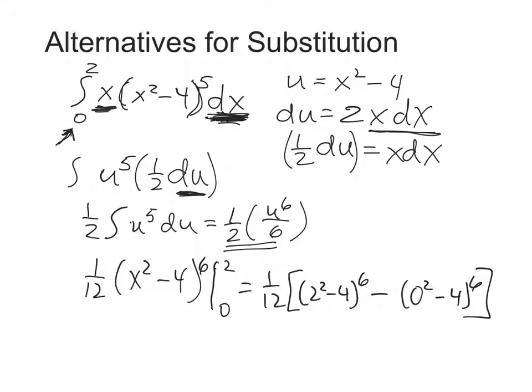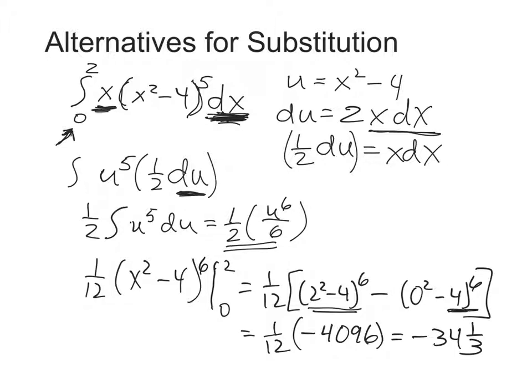and okay, you have to be careful here. We get 0 for this part, and then minus 4 to the 6th on this one. So we'll have 1/12 times negative 4,096, and we can simplify that to negative 341 and 1/3.